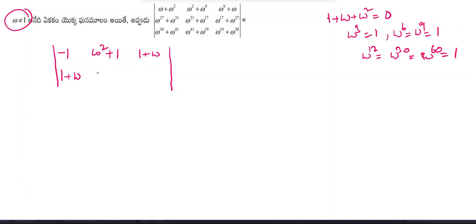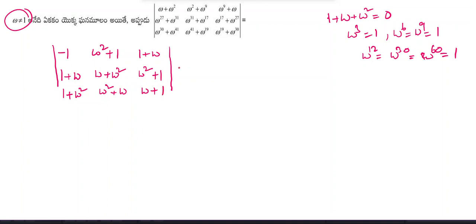Omega power 17 is omega square, omega power 27 is 1, omega power 30 is 1, omega power 41, since 39 is divisible by 3, is omega square, omega power 19 is omega, and omega plus omega power 30 is 1.